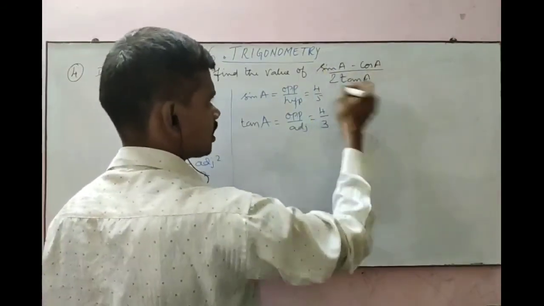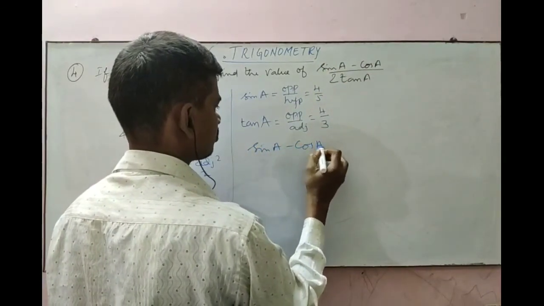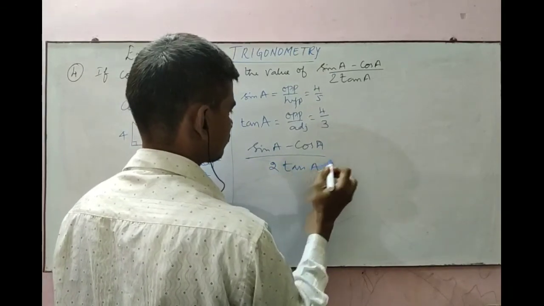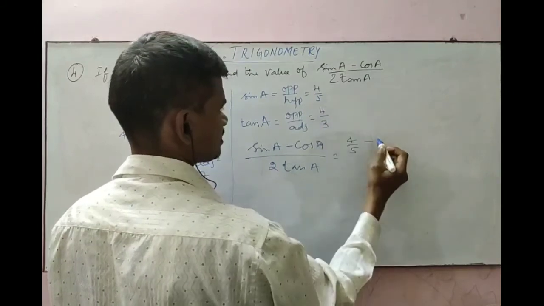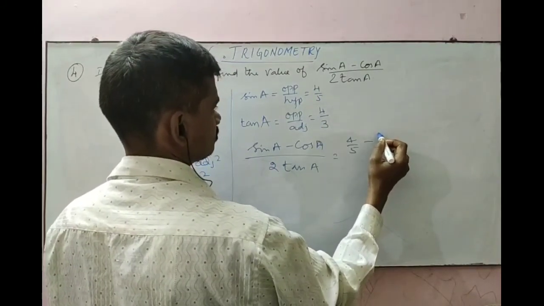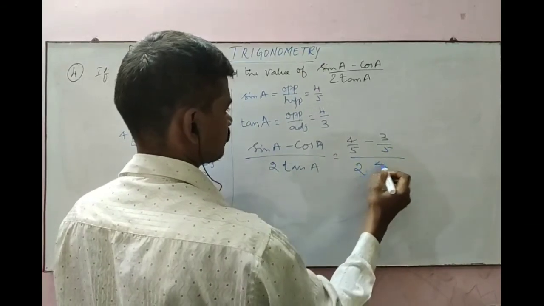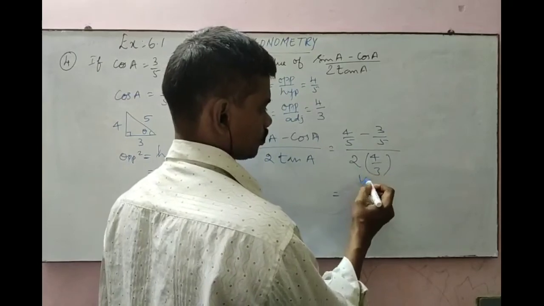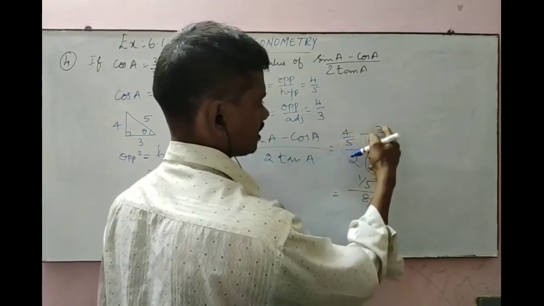So now you substitute the value of sin A minus cos A by 2 tan A. Sin A is equal to 4 by 5 minus cos A is equal to 3 by 5 whole divided by 2 times 4 by 3. On simplifying this, you will get 1 by 5 divided by 8 by 3. 4 minus 3, 1.